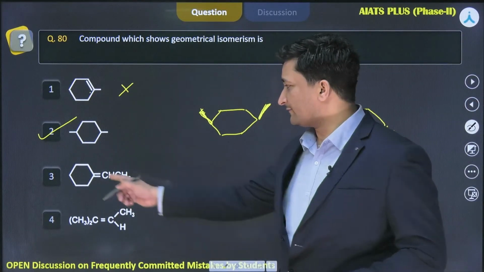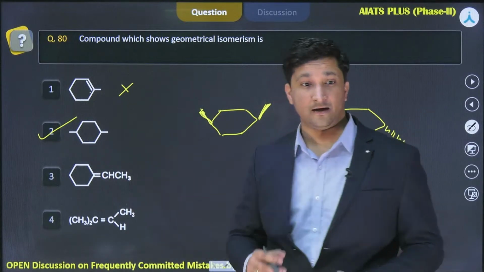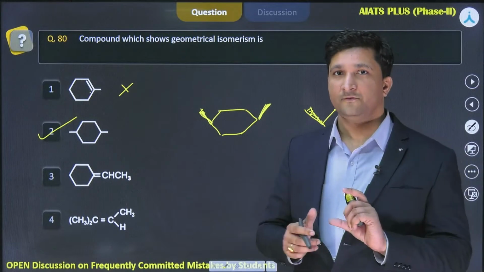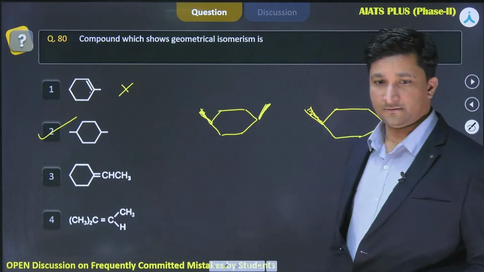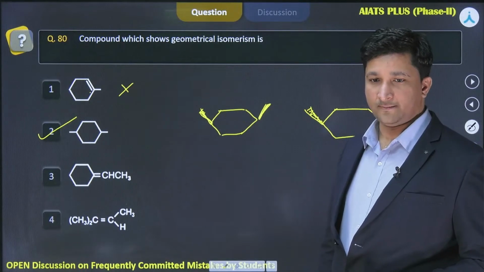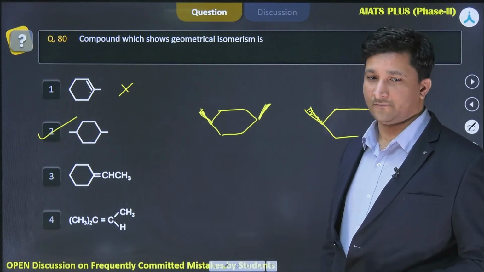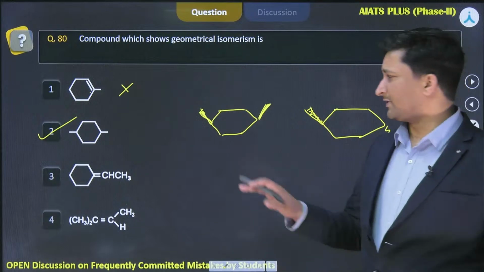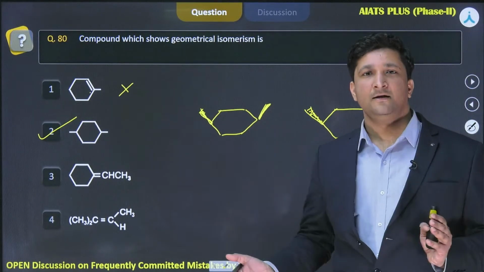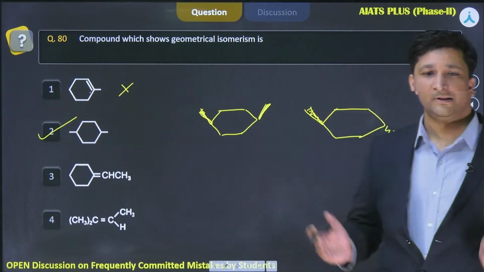Here you can see we have a cyclic group, and we know that cyclic compounds have the ability to show geometrical isomers if rotation changes the arrangement. One structure with 2 coming outward, another structure with 1 out, 1 in. Exactly. Or you can see that if you look at this cyclic structure in one plane, then one above the plane, another below the plane, or 2 on the same plane.